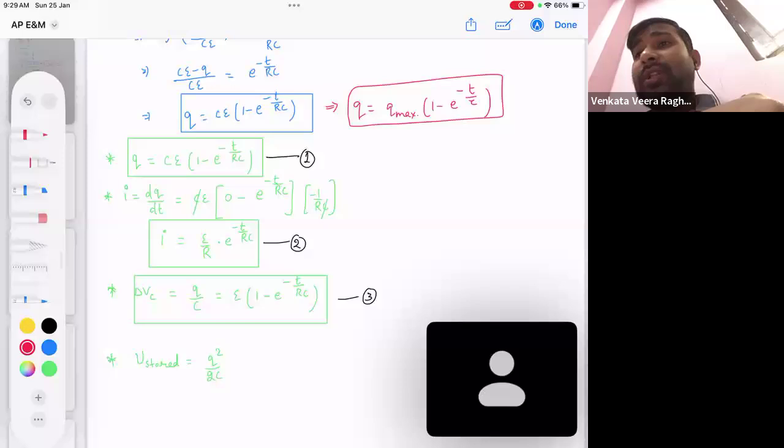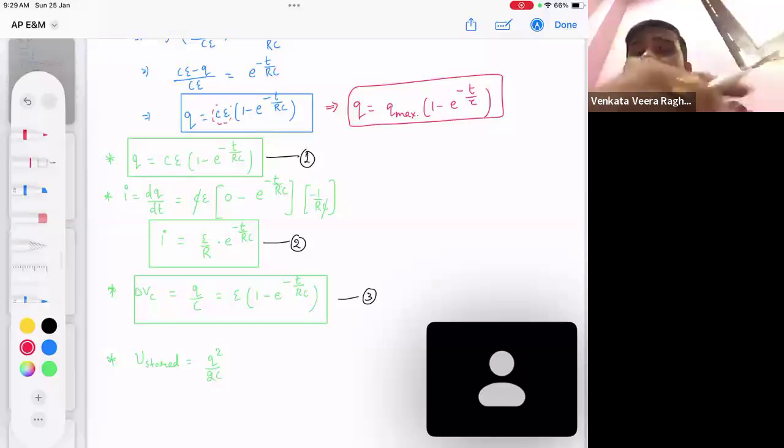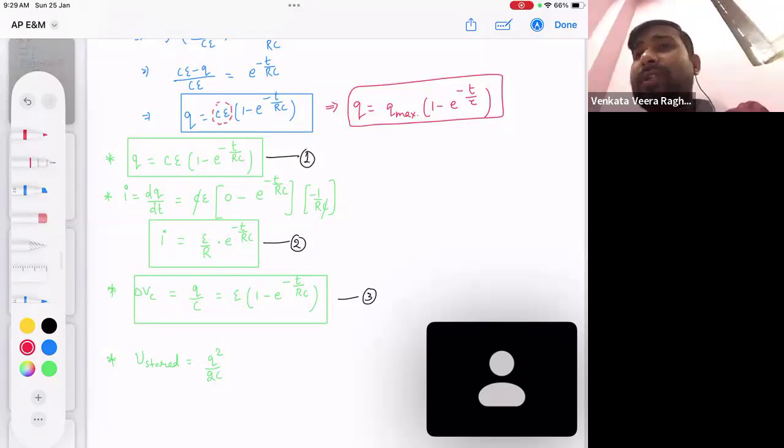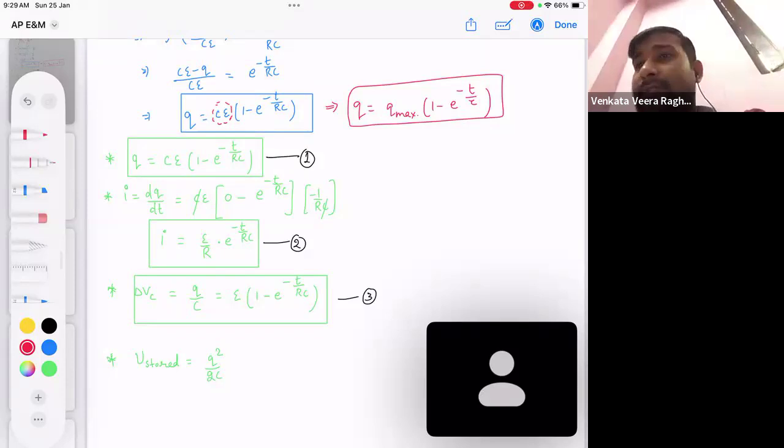Look at the expression: if you put t equal to infinity, the capacitor is going to have the maximum charge. And this RC is called the time constant of the RC circuit. Tau equal to RC is called the time constant of the RC circuit. Clear?